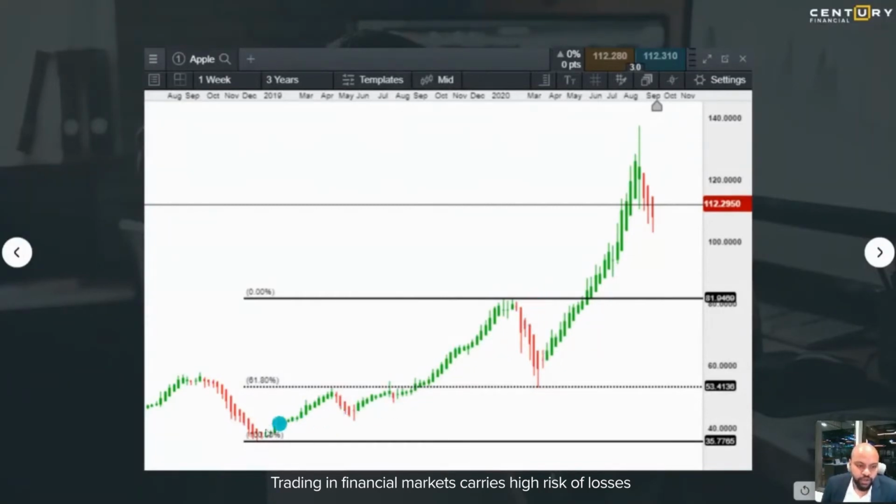You can always use Fibonacci from your draw tools. In this case, I've already drawn the Fibonacci. I'll do that live again to teach you how to use it. So basically, I've measured this entire rally before the bigger drop came in. This was a small drop, and this has been a bigger drop. If I measure this entire rally, it is 0 to 100%, so this entire rally is a 100% move.